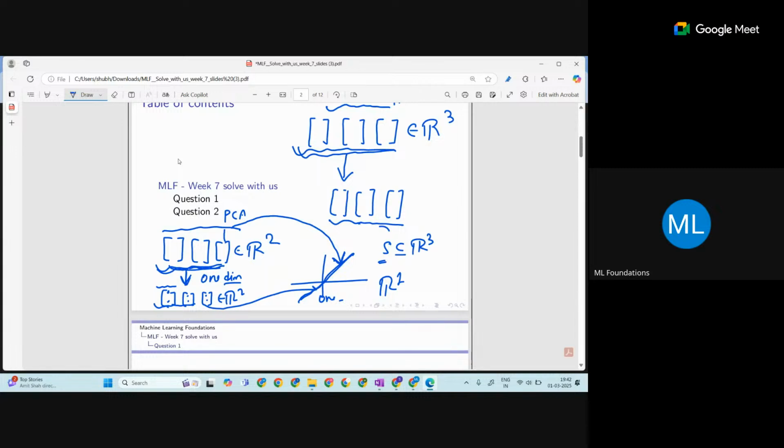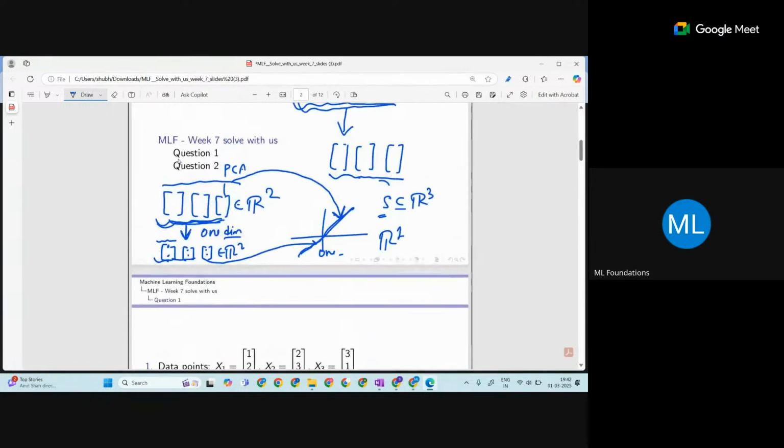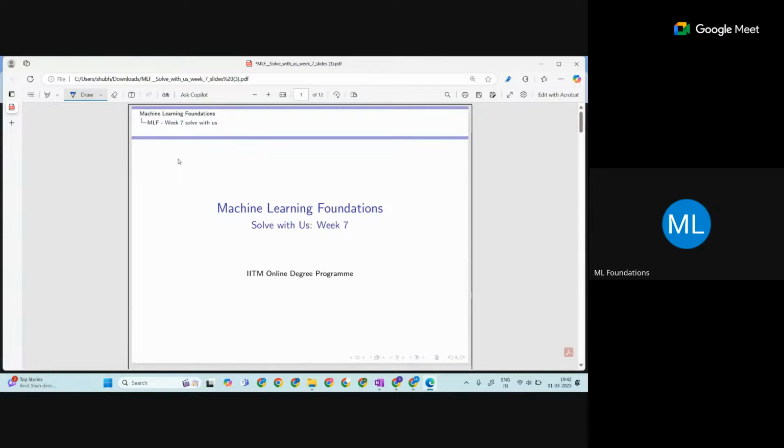How can I say that simply? Let me write it here. Let's say I take these two vectors, and these two are independent. If we take the span of these two, what is it going to be?